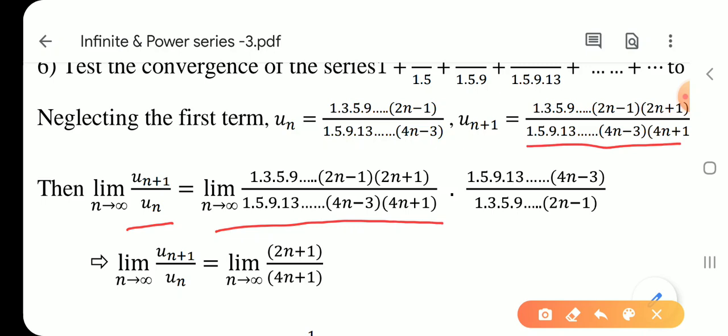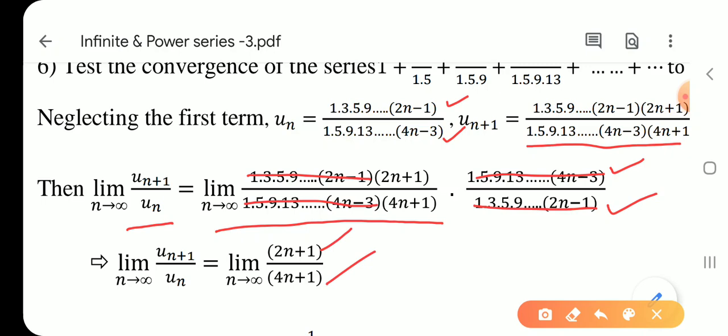Division by un I have already explained, it will be of the form a by b divided by c by d, which becomes a by b into d by c. So the denominator will go up and numerator will come down. Simplify now. Here it will be cancelled, and up to 4n minus 3 it will be cancelled. We will be left with 2n plus 1 by 4n plus 1.